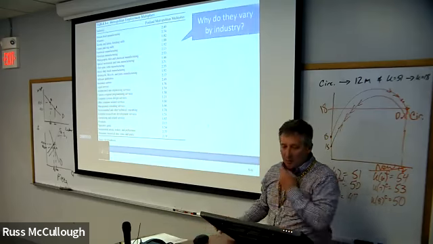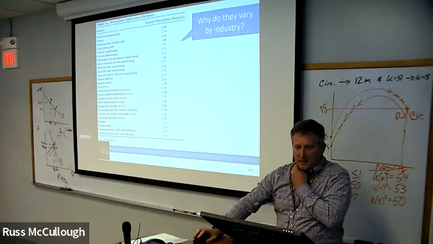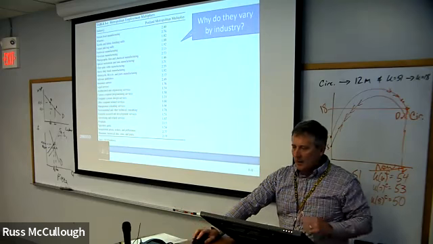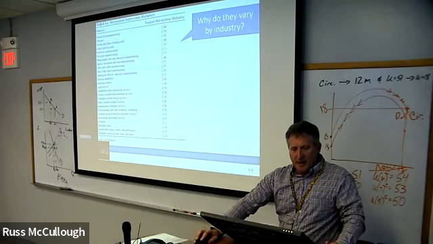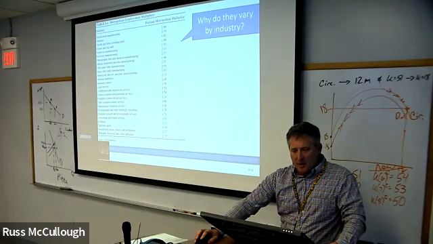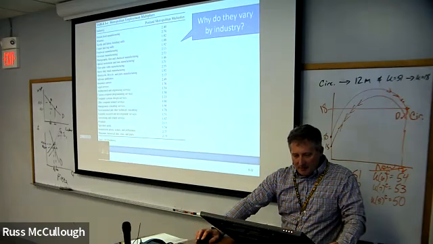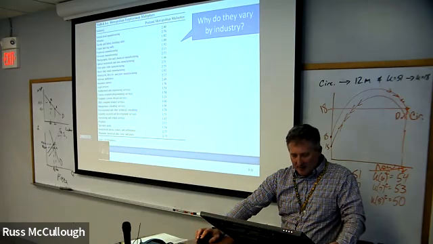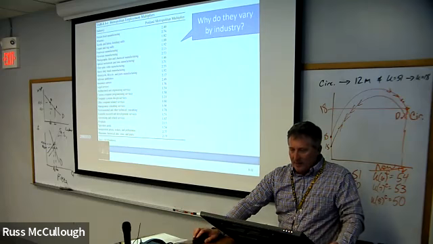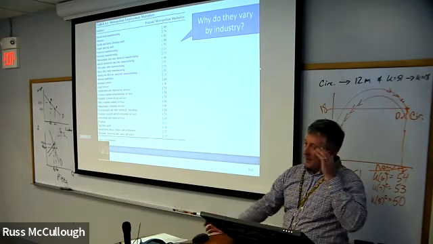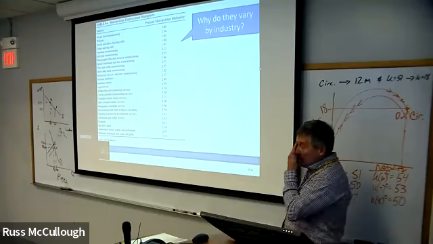All right, so here are some real world multipliers from a study done in Portland. Here we've got frozen food, wineries, carpet and rugs, footwear, envelope, fiber optics, software, legal, computer systems. I'm just jumping down here, hospitals, spectator sports. So we have all kinds of different industries. Why do they vary by industry?